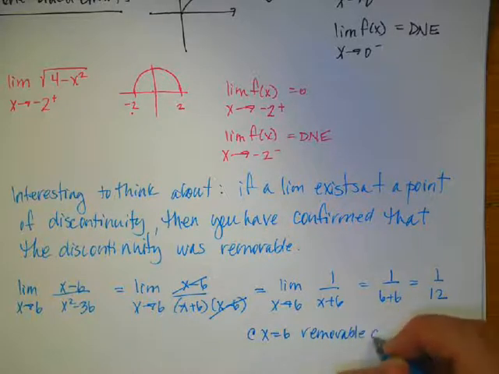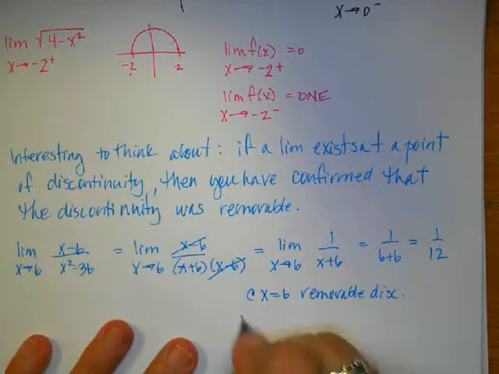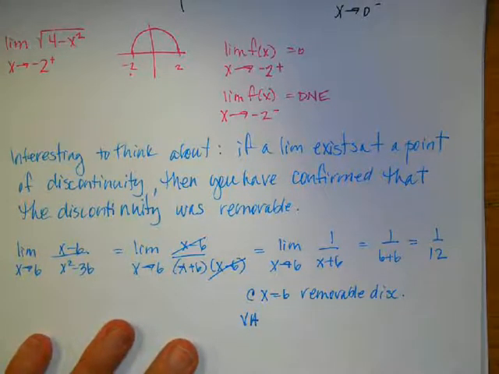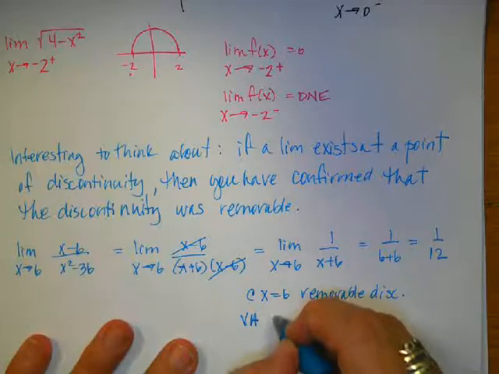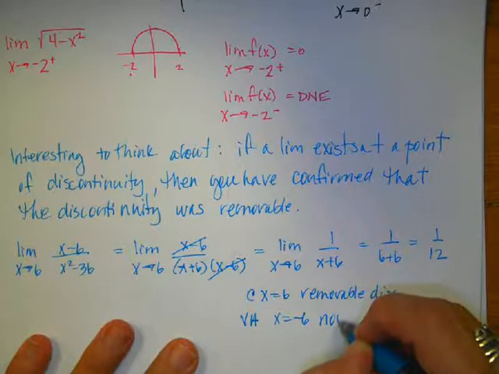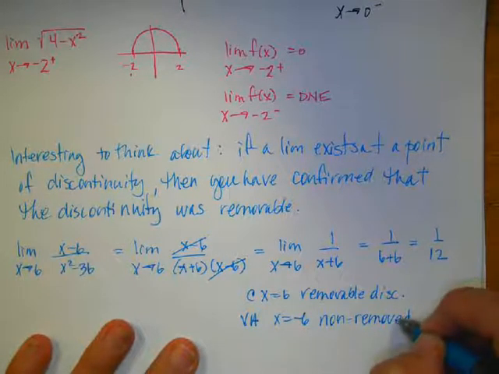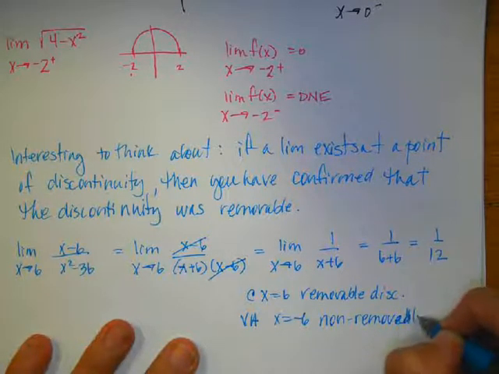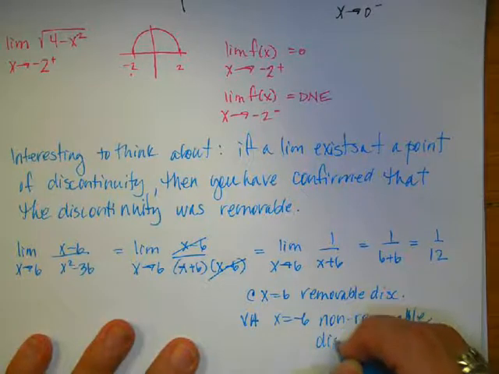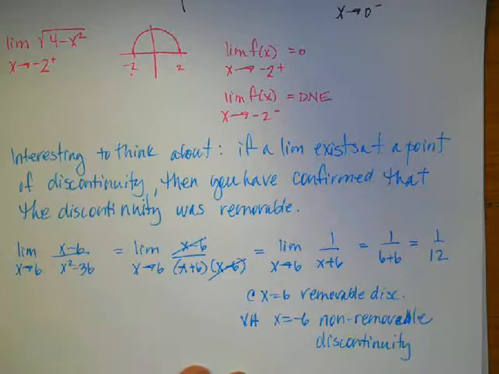And if I look at my graph, or I don't have to look at the graph, I can just look at my equation, x equals negative 6 is a vertical asymptote, and this is non-removable because it wouldn't factor out. Alrighty, so that's actually an interesting fact to consider.